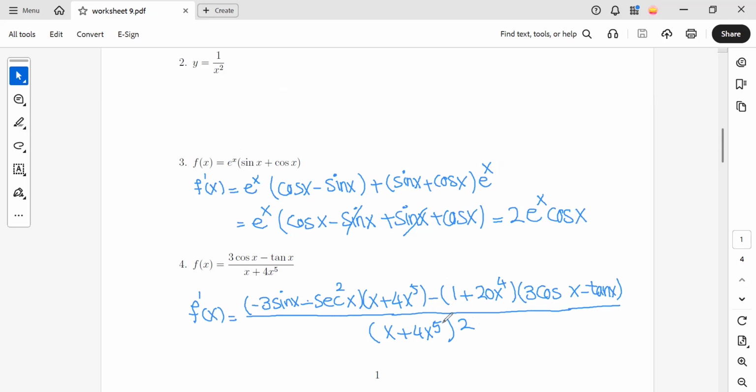And we would leave it as is because we cannot simplify this much and it doesn't worth it.